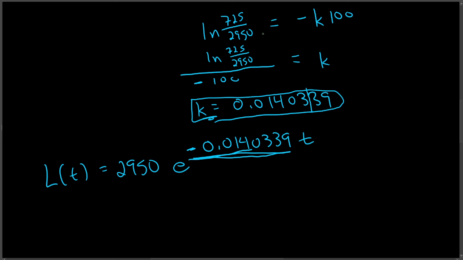So you can note that the top part's going to be the amount you have at the time, the bottom part's your initial amount, and then this is the time frame that it takes to arrive to these points.